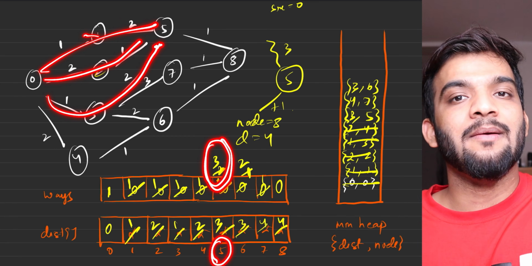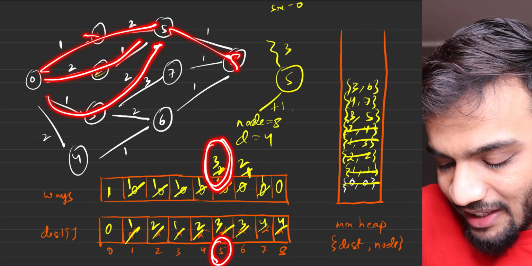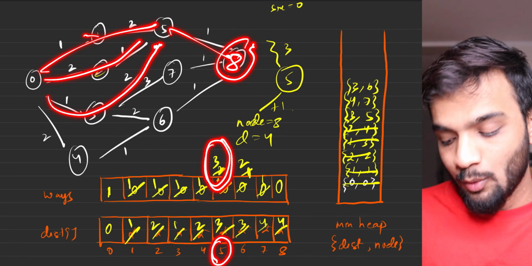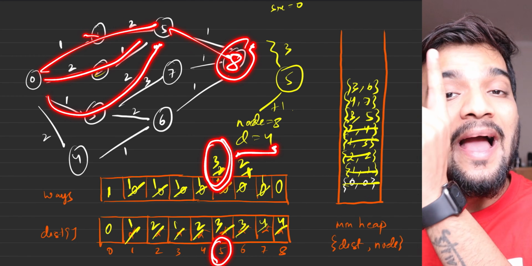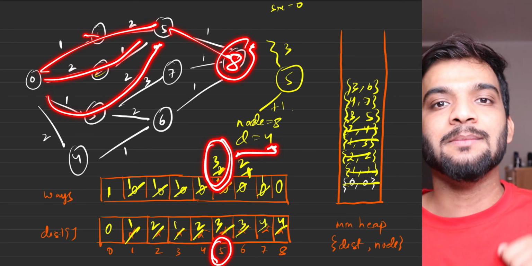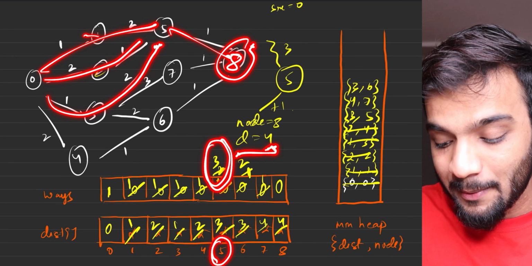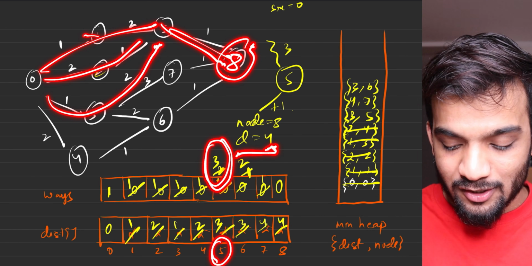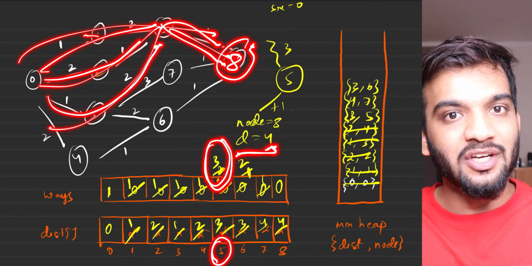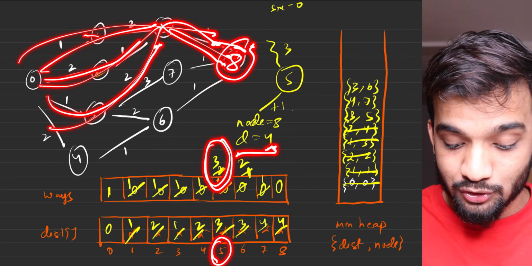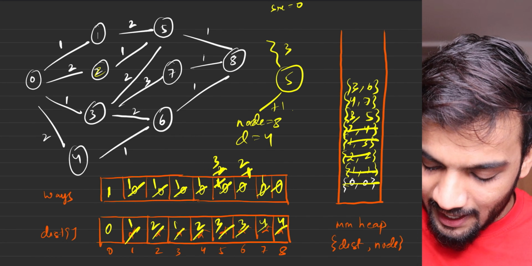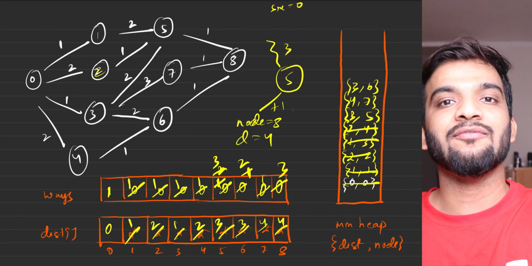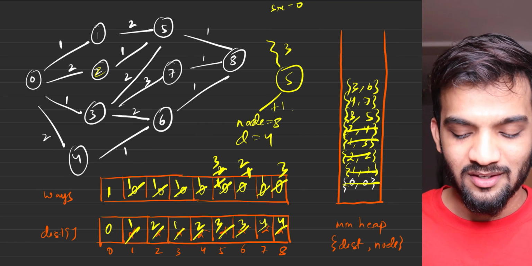So can I say that even if you reach 8 for the first time with a distance of 4, you actually reached for 3 times? Understood? Because there might be one way from here, but actually this is 3 combination, right? So I will just take whatever ways 5 has, which is 3.